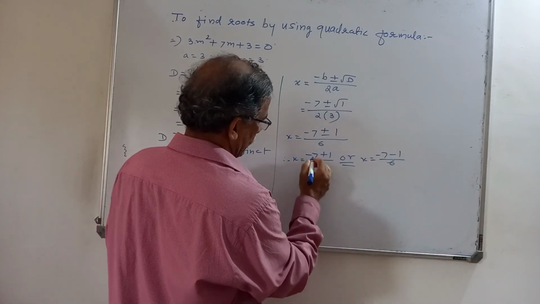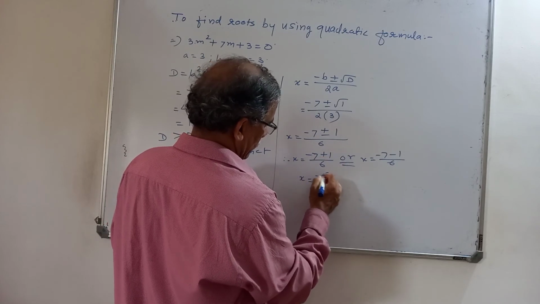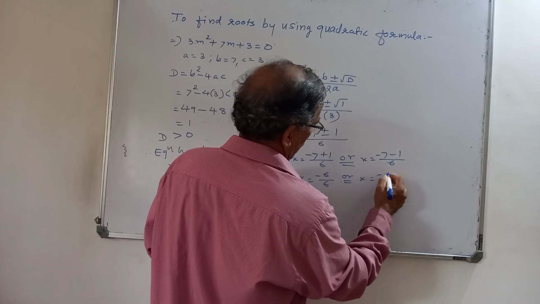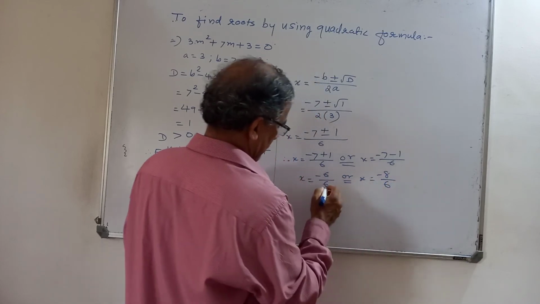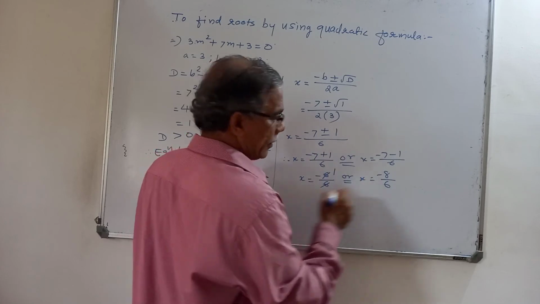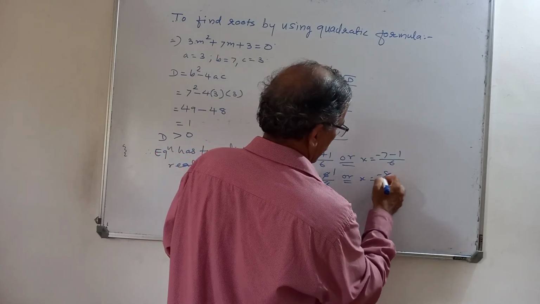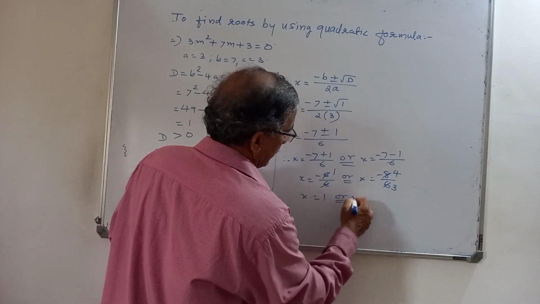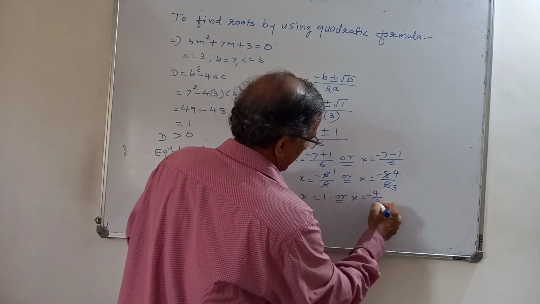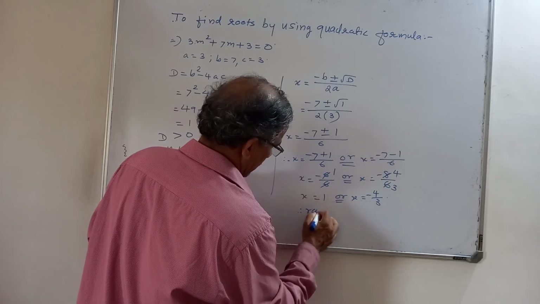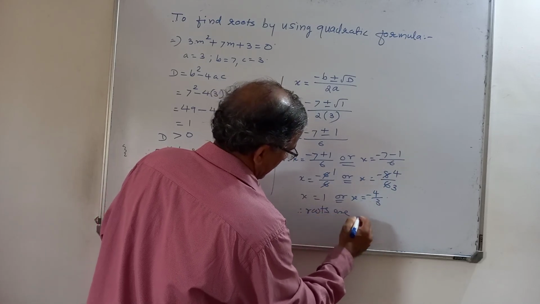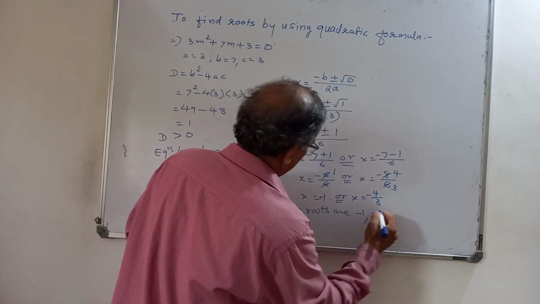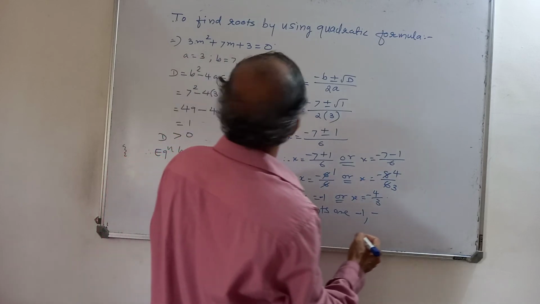So x is equal to minus 6 upon 6, or x is equal to minus 8 upon 6. So here you will get 1, and 2 by 3, 4 by 3. So x is equal to minus 1, or x is equal to minus 4 by 3. And therefore, the roots are, sorry, it is minus 1 comma minus 4 upon 3.